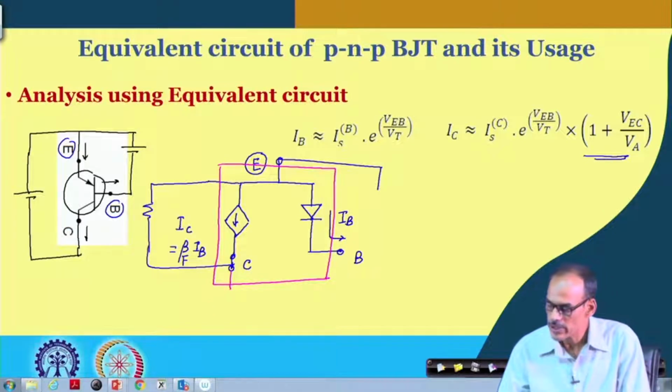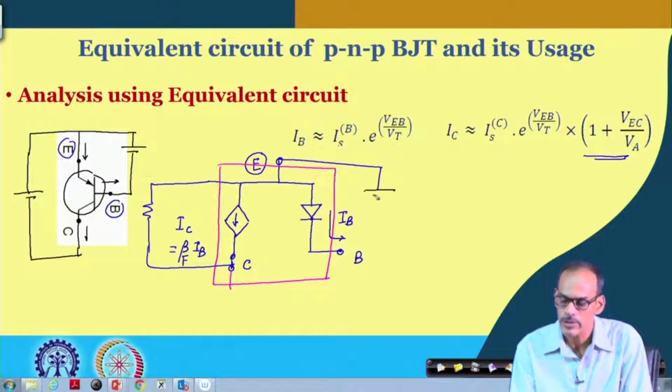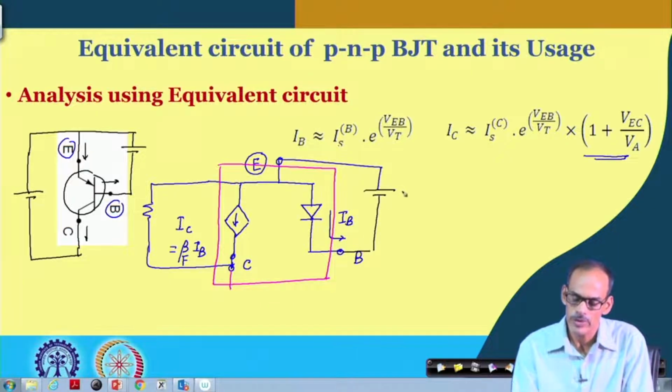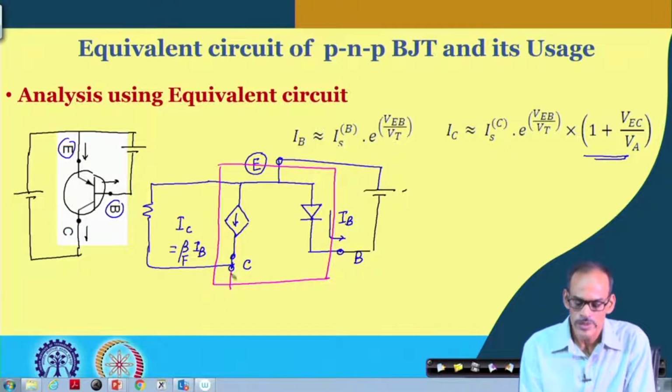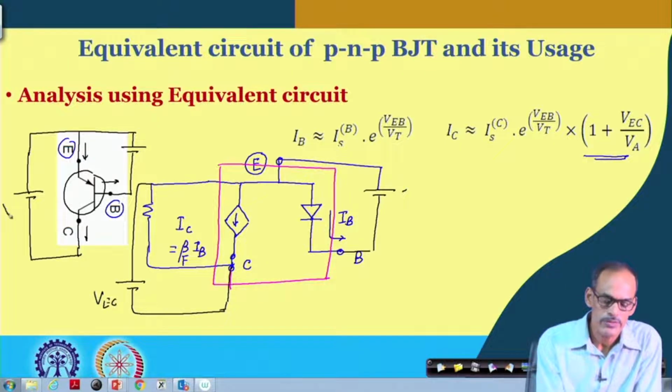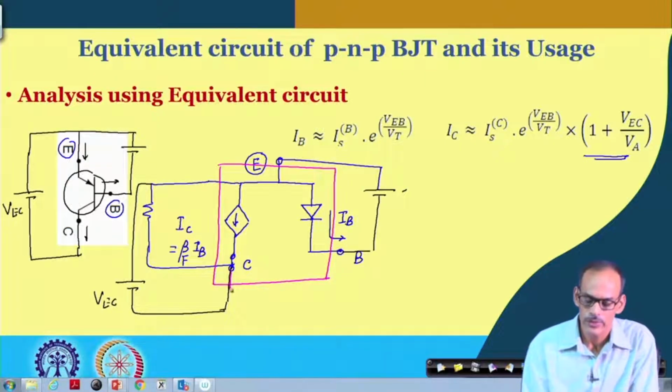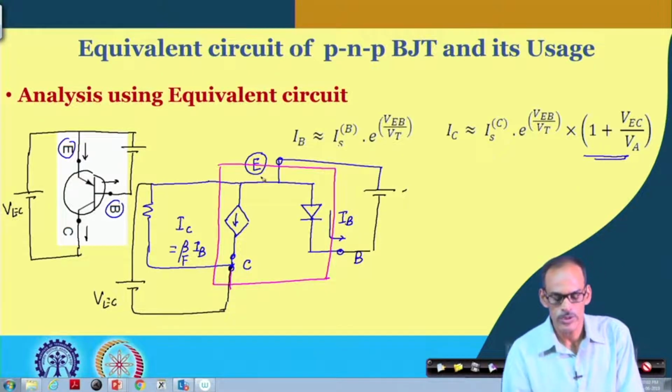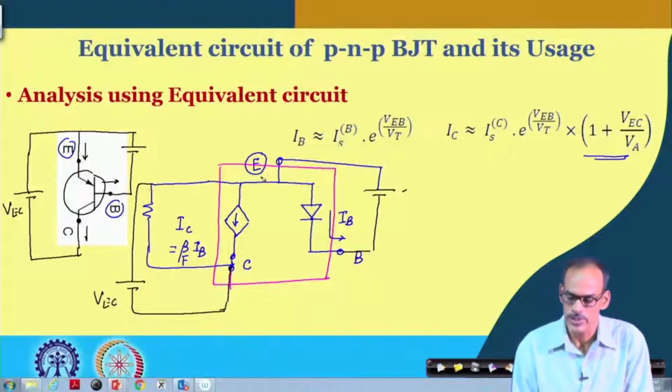And then of course, externally we can use the corresponding bias here. First we can analyze this part and we can find the corresponding IB current based on whatever the voltage we are applying. Likewise here we can apply the VEC voltage. So, this is the VEC, and you can find what the voltage will be, whether this voltage is appropriate or not, to keep the device in the active region of operation.